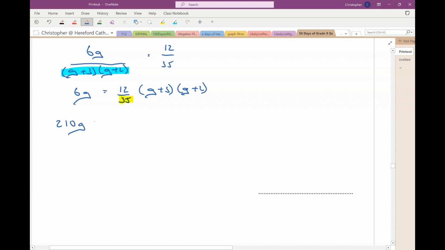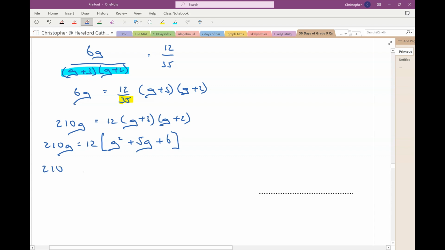That's 210G equals 12 times G plus 3 lots of G plus 2. Now this is going well. So 210G equals 12, open a big square bracket. G times G, G squared. 3G and 2G, 5G. 3 times 2 is 6. Keep on going. 210G equals 12G squared plus 60G plus 6 12s are 72.